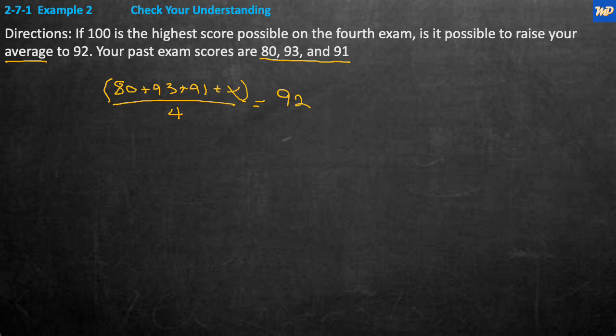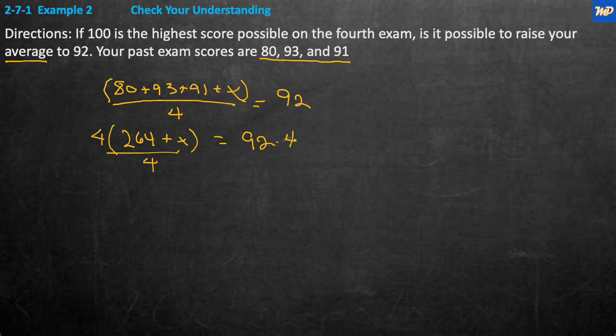In order to do that, we're going to multiply both sides by 4 to clear the division on the left-hand side. So we're going to say 4 times, and I'll just put it all together, 80, 93, and 91. We know from before that that's 264, plus the x, divided by 4, is equal to 92 times 4, because we had to multiply both sides by 4.